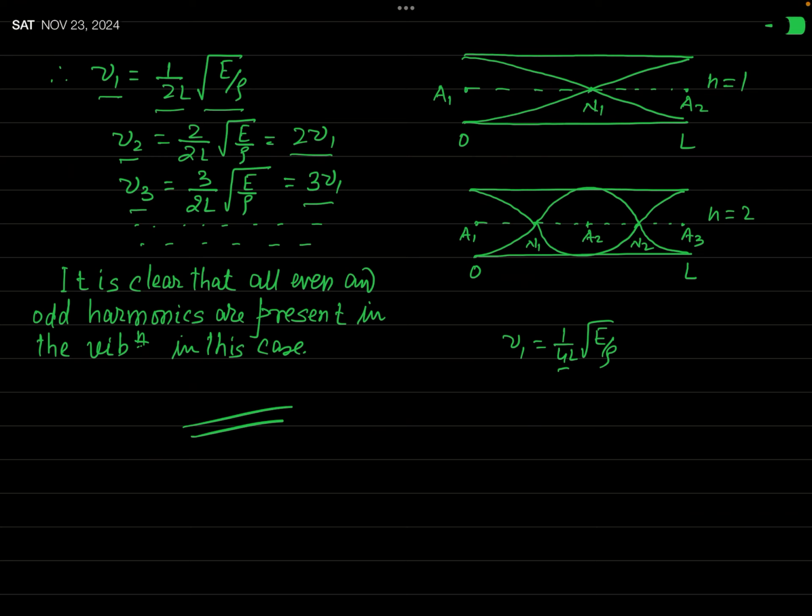These correspond to antinodes, and N1 and N2 correspond to nodes in this second figure. So in this case, the number of antinodes is greater than the number of nodes by 1. Number of antinodes minus number of nodes will be equal to 1. But in the previous case we have seen the number of nodes and the number of antinodes was equal.